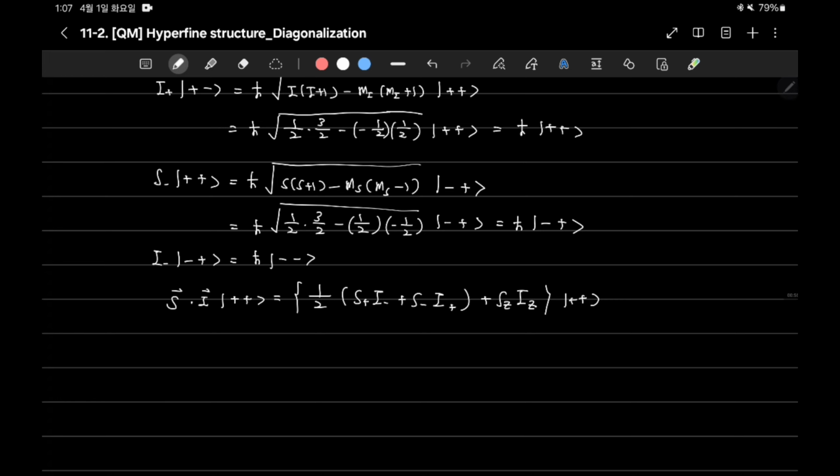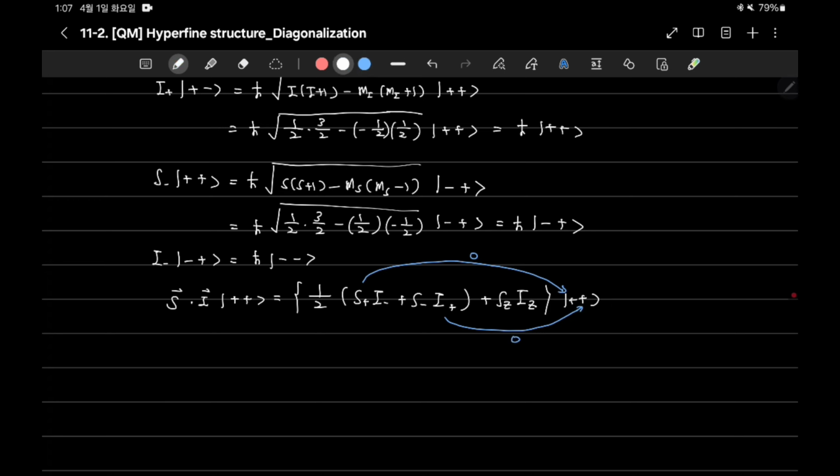Then here this i minus applied to this one, and s plus applied to this makes 0, and also i plus applied to the plus makes 0.